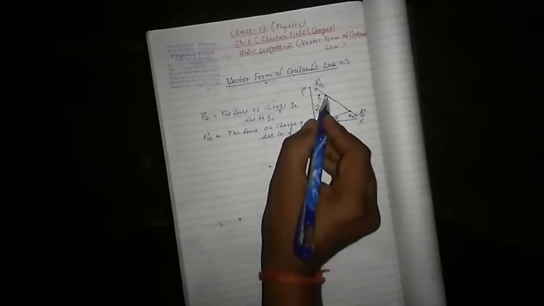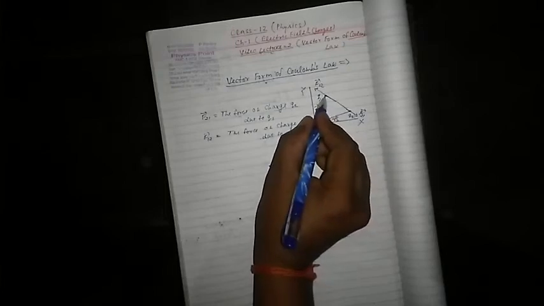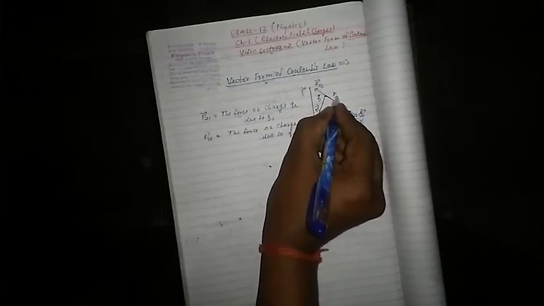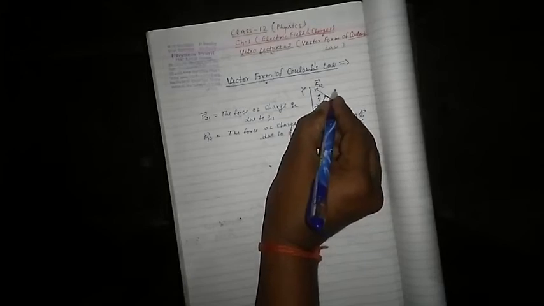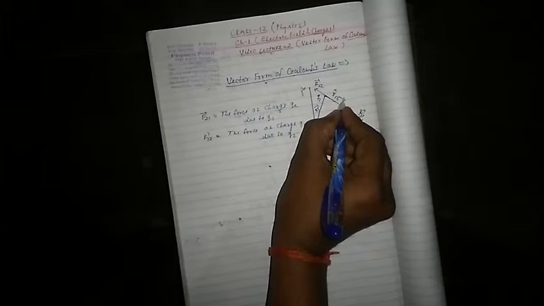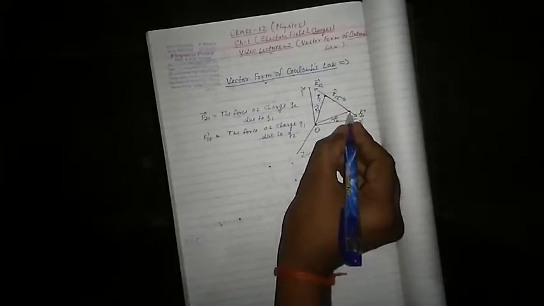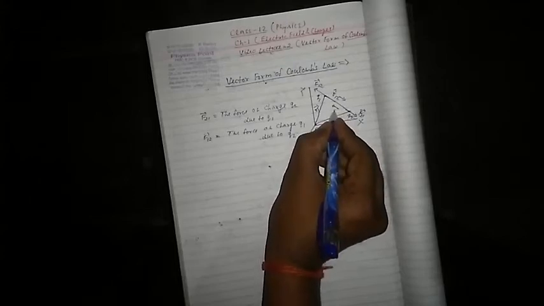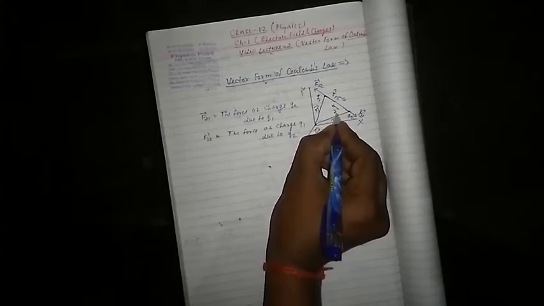From 1 to 2, q1 to q2, there is a unit vector r12 directed like this, and from 2 to 1 there is a unit vector r21 directed like this.